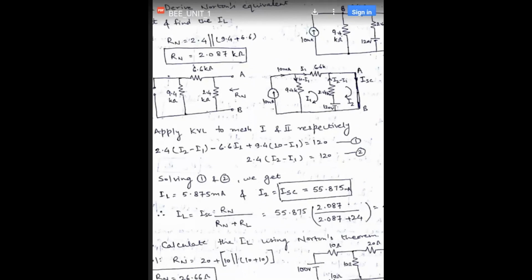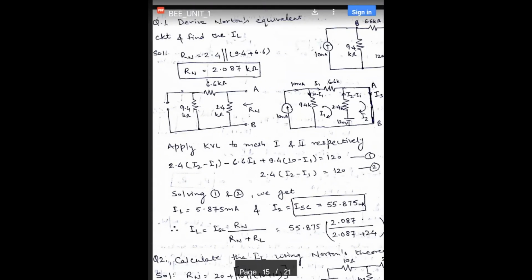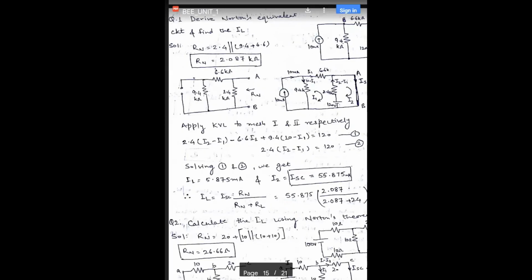Similarly, if some value is written on the voltage source, it is assumed to be in volts. But in this numerical, if kilo ohm is given, then it is to be mentioned separately.